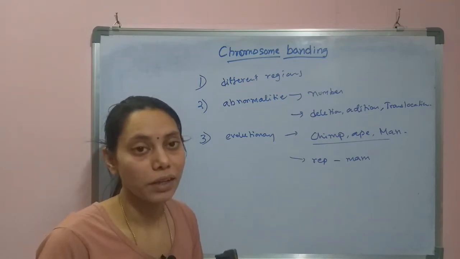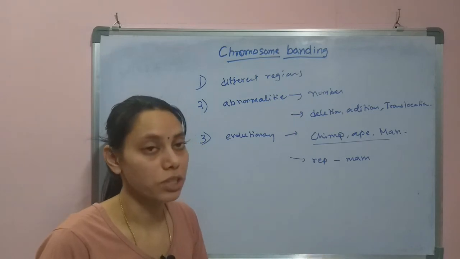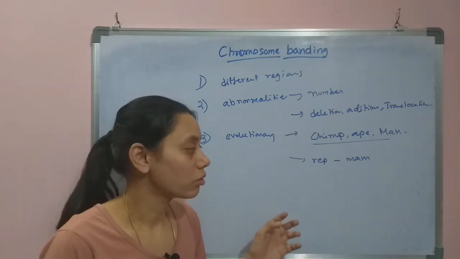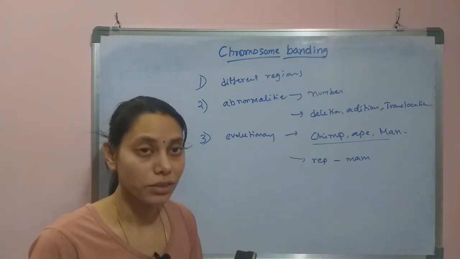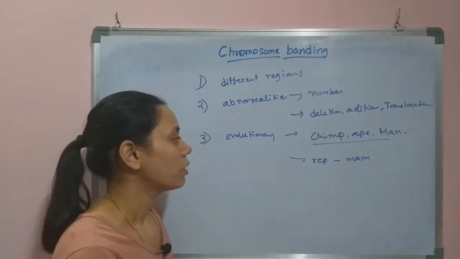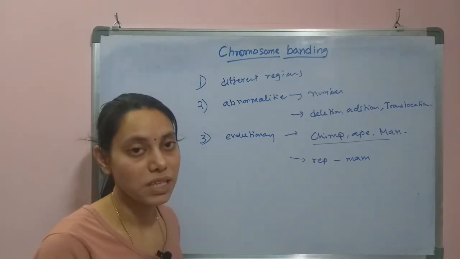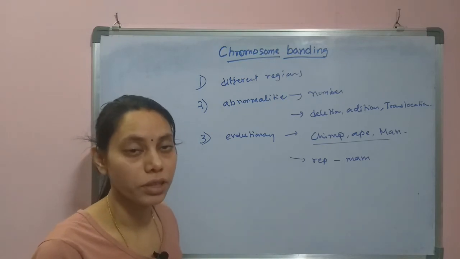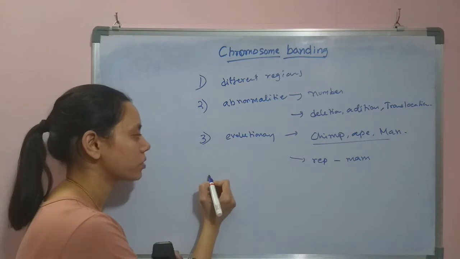The chromosome banding techniques which are used to stain the mammalian chromosomes are not the same for the reptiles. That is the other variation we can see among the different divisions. So by this, these chromosome banding patterns are basically evolutionary conserved among the species. So that is the other purpose of it.